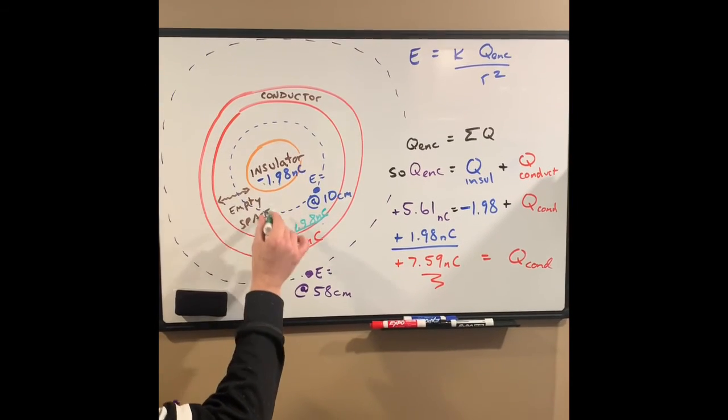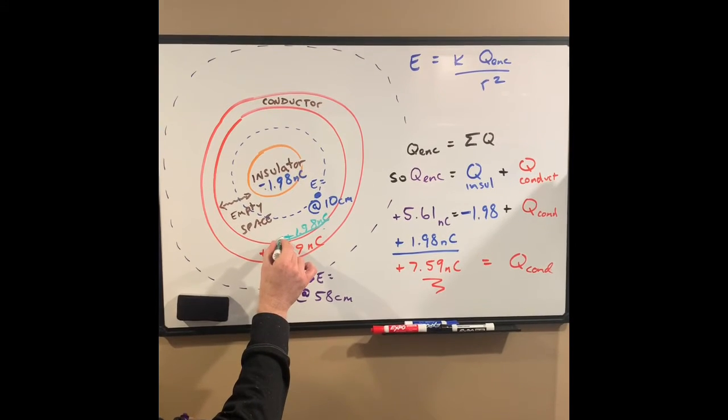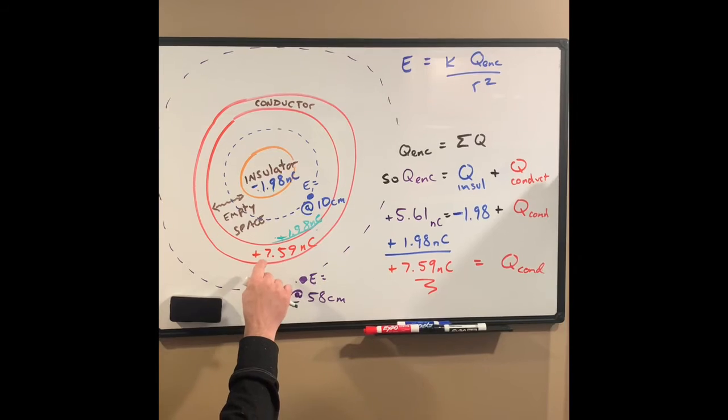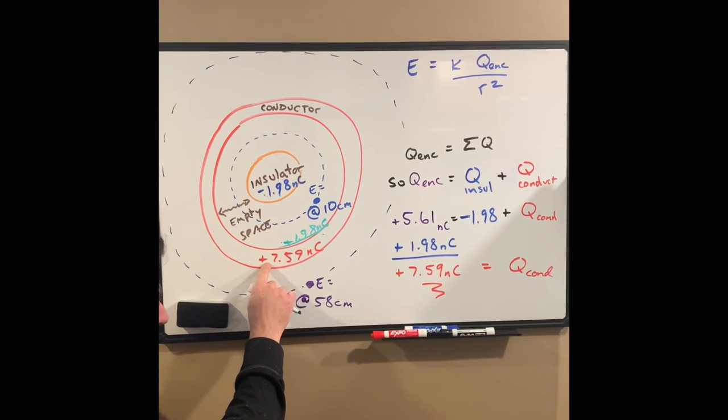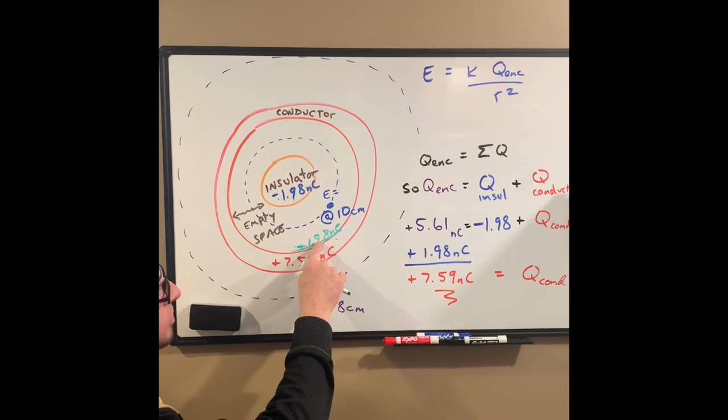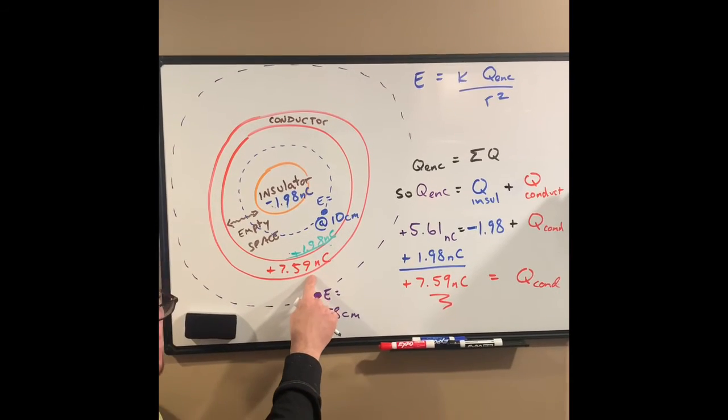This negative attracts the same amount of positive. So it turns out that of this 7.59 nanocoulombs that's charged up on the conductor, 1.98 of that is on the inside edge. The rest of the 7.59 should be on the outside edge.